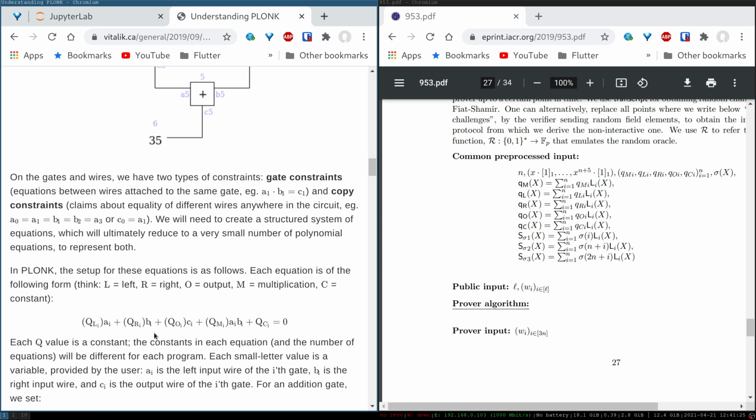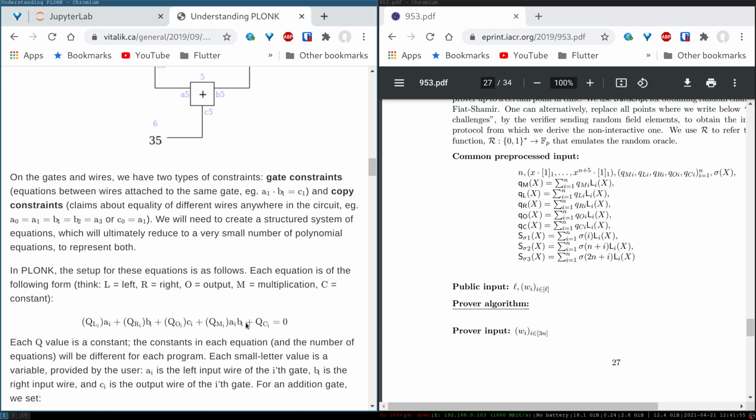You can express this as, for example, if you want a simple addition gate, you want A plus B equals C, then you will use 1 for QL, 1 for QR, and minus 1 for QO. This one, QM, represents the weight of the multiplication. So if you want to do A times B equals C, then you would have minus 1 for QO, QM would be 1, and QL and QR would be 0.